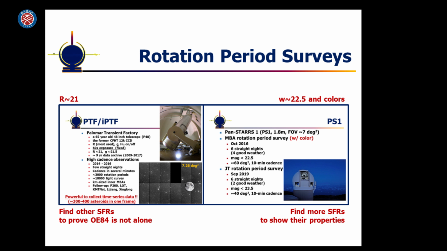Okay, so we would like to know if there are other superfast rotators in here. To find the superfast rotators, for PTF we focus on finding other superfast rotators, because it only has R band and we don't have color. And for Pan-STARRS1, we can find more superfast rotators with color, which means that we can know the composition of each superfast rotator.